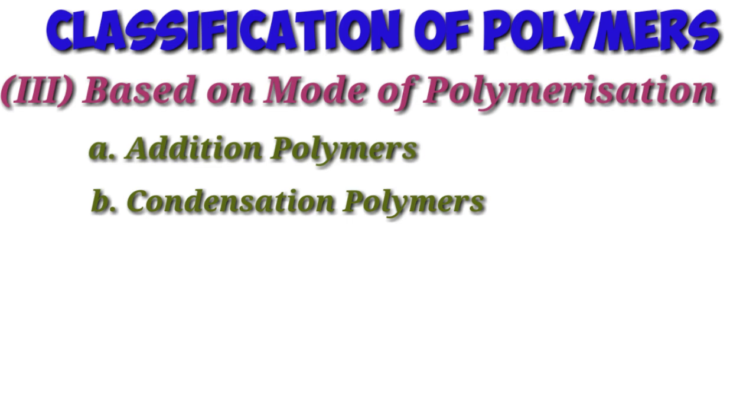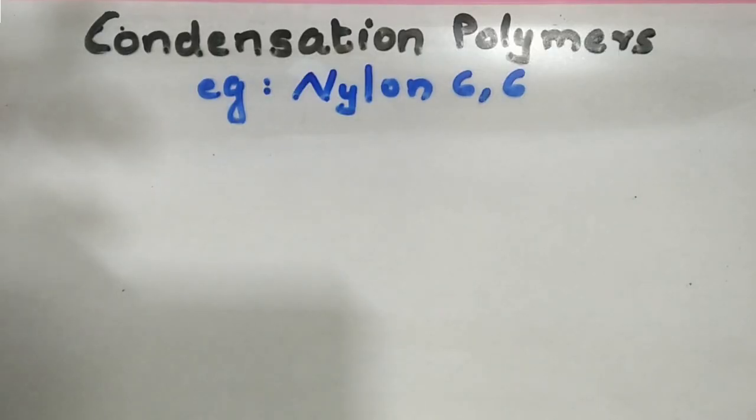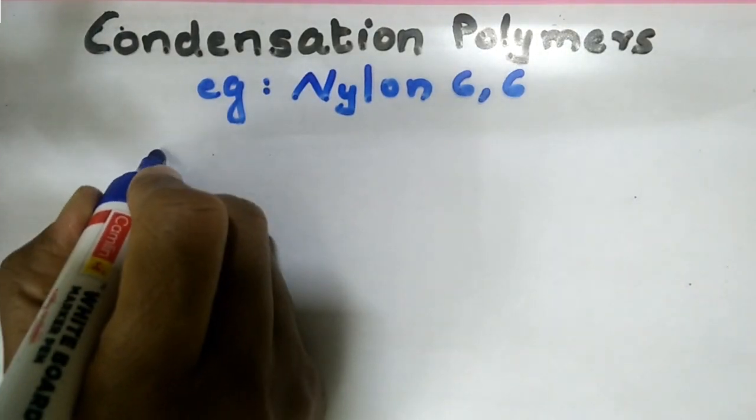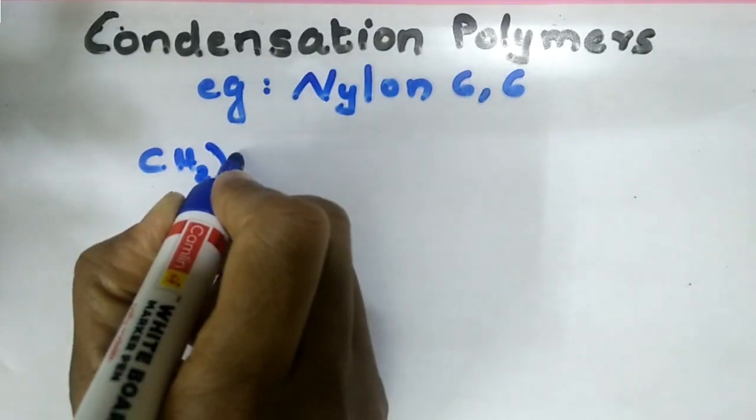For example, nylon 6,6 is formed by the condensation of hexamethylene diamine with adipic acid. Nylon 6,6 is an example for condensation polymer. So I'm going to write hexamethylene diamine. Hexamethylene, 6 methylene groups are there, so CH2 6.